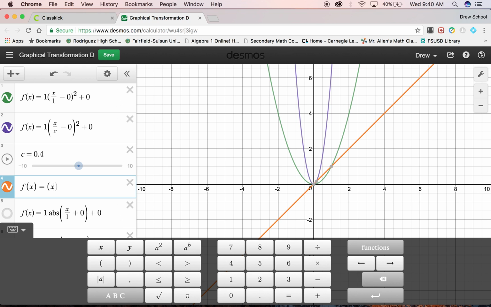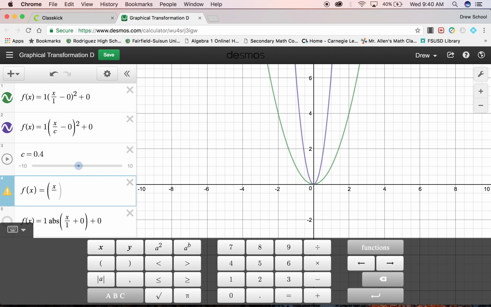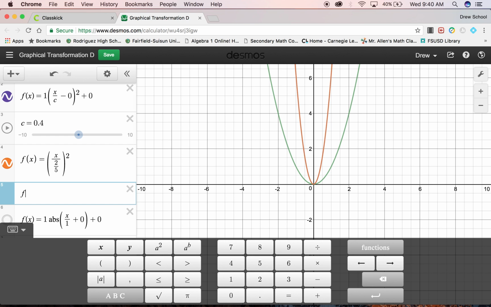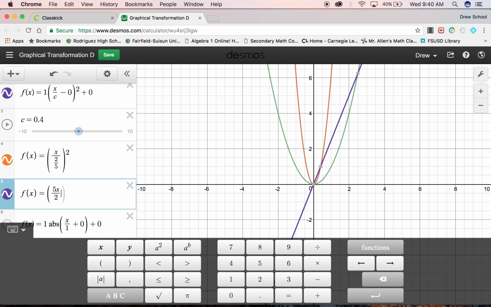So we'd have x divided by 2/5, and then squared. So that would be our graph. We could also write that as f of x equals 5x divided by 2, squared. So it looks like that.